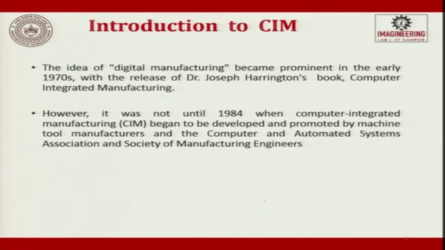Today the world is moving towards digitization. So, manufacturing is also moving towards digital manufacturing. The idea of digital manufacturing became prominent in the early 1970s with the release of Dr. Joseph Harrington's book Computer Integrated Manufacturing. This gentleman in his book talked about digital manufacturing.